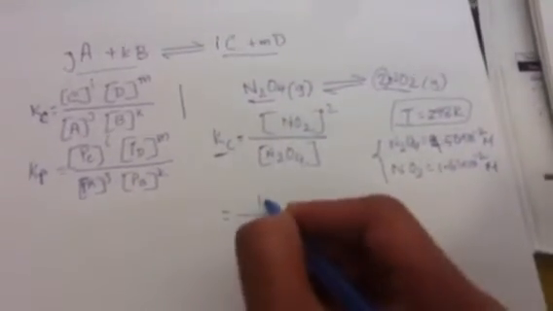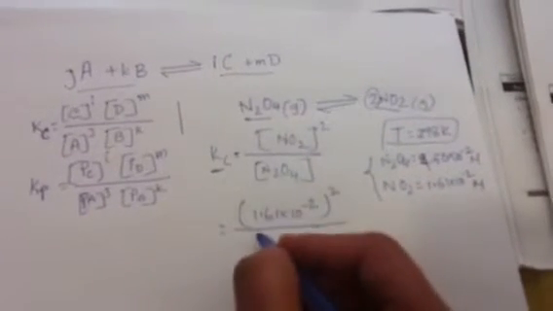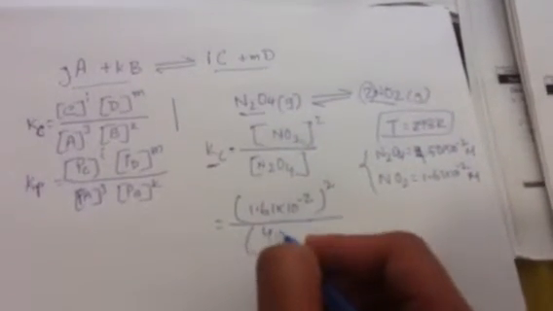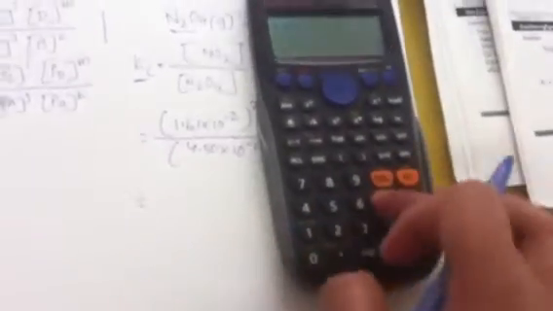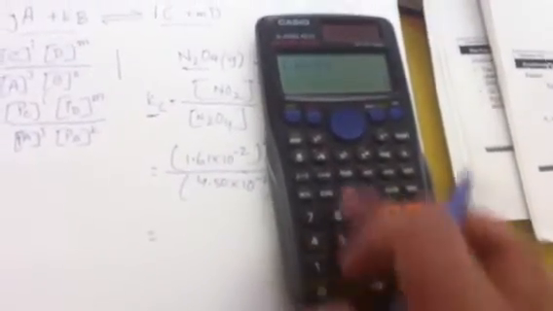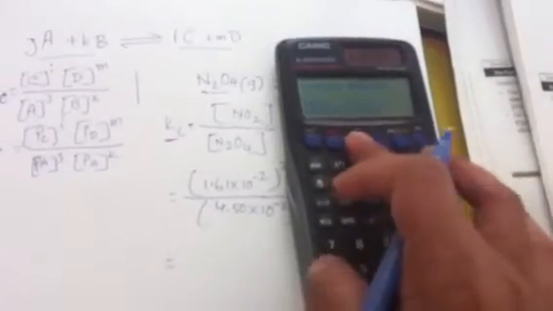For NO2 I have 1.61 times 10 to the power negative 2, squared, and for N2O4 I have 4.50 times 10 to the power negative 2.